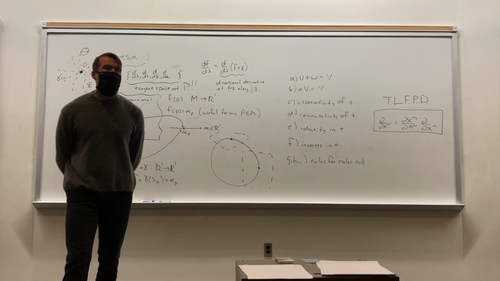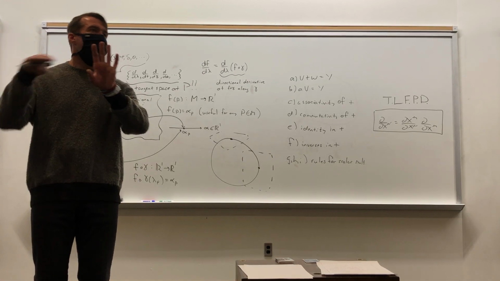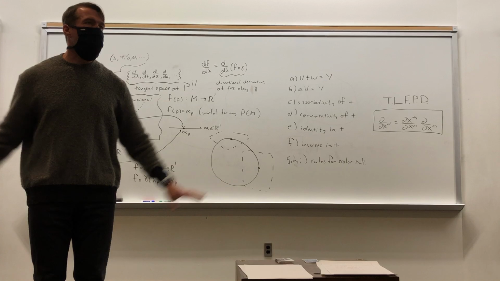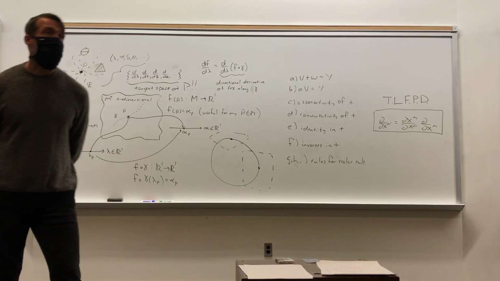If your space is flat, then most often you can just define one tangent space that's global everywhere, and then have all of your tangent spaces aligned. You don't have to, but you can. Okay?